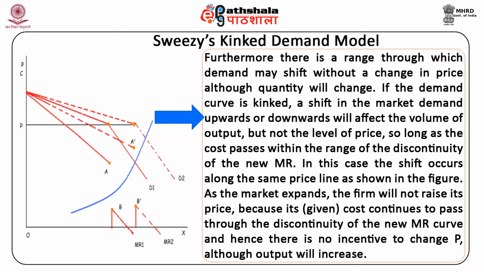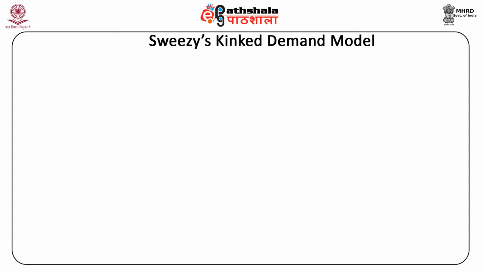As the market expands, the firm will not raise its price because its given cost continues to pass through the discontinuity of the new MR curve, and hence there is no incentive to change P, although output will increase.